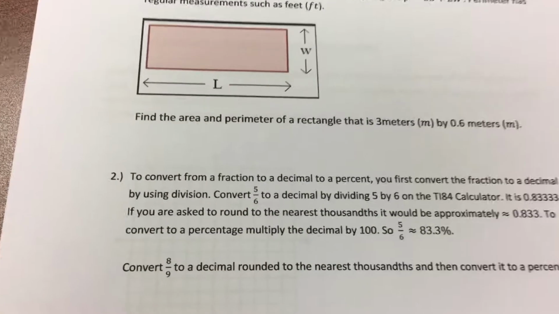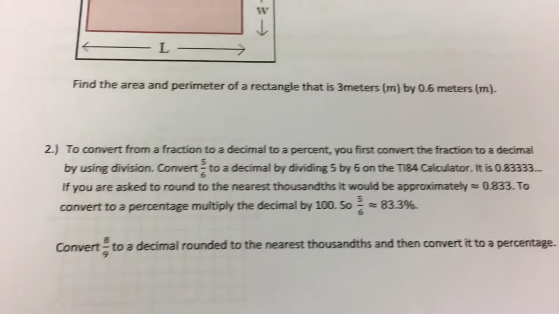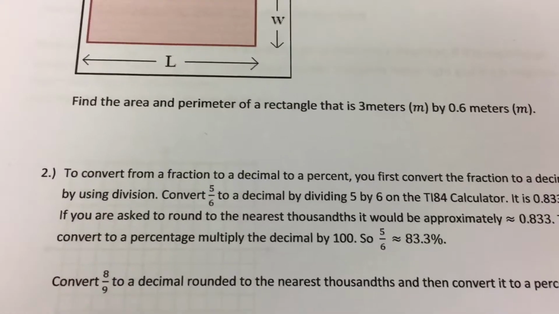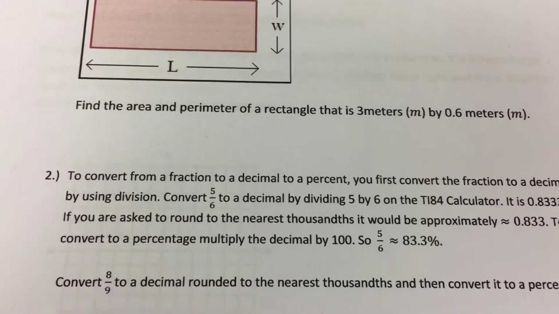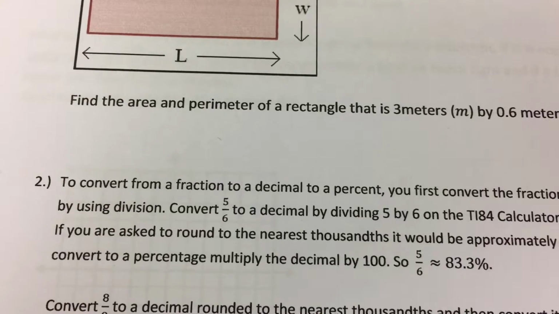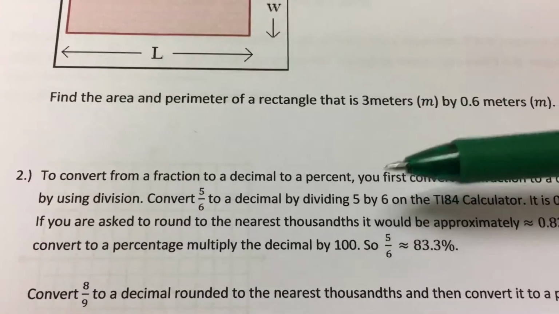The next thing says to convert from a fraction to a decimal to a percent. You first convert the fraction to a decimal by dividing. We're reviewing this again; you've had this previously. If I want to convert 5/6 to a decimal, I take my calculator and do 5 divided by 6.